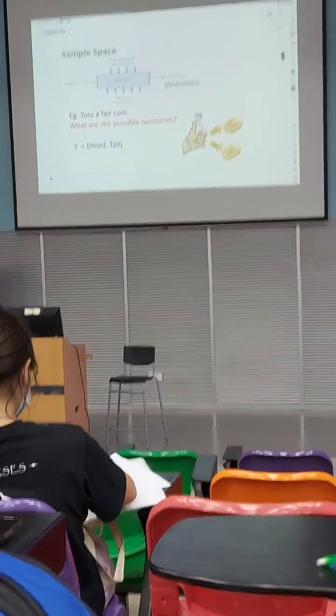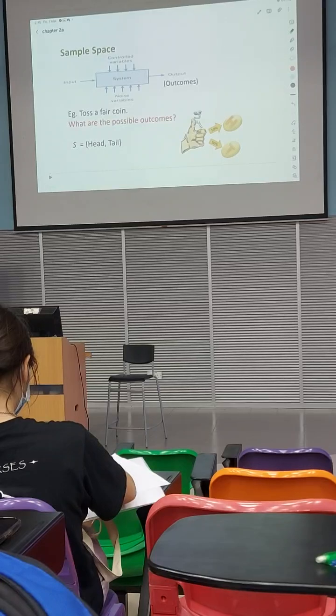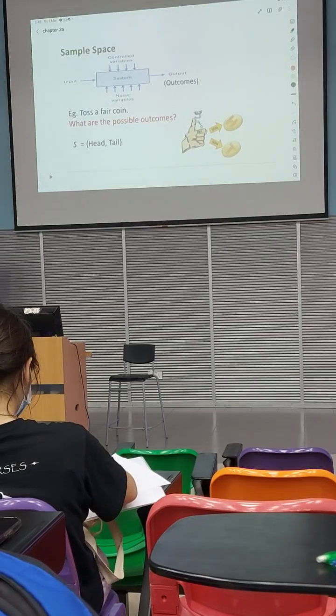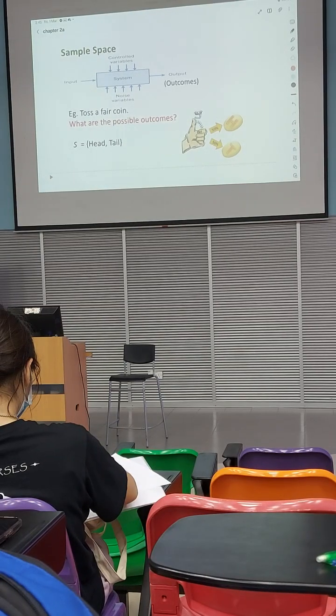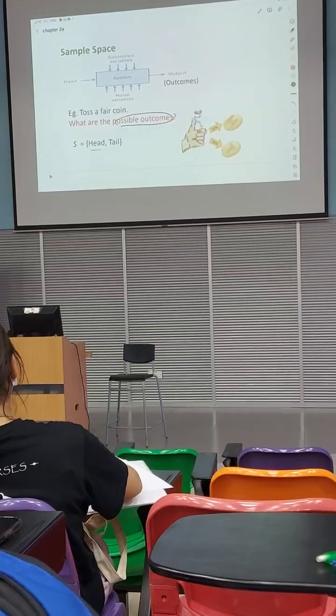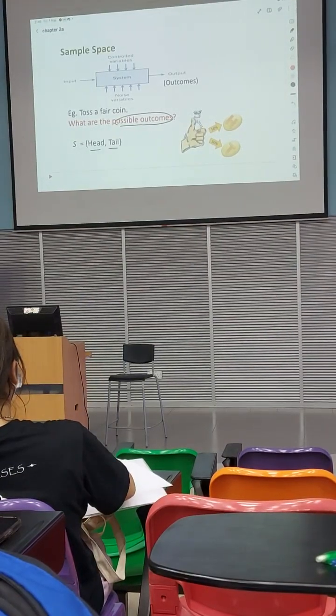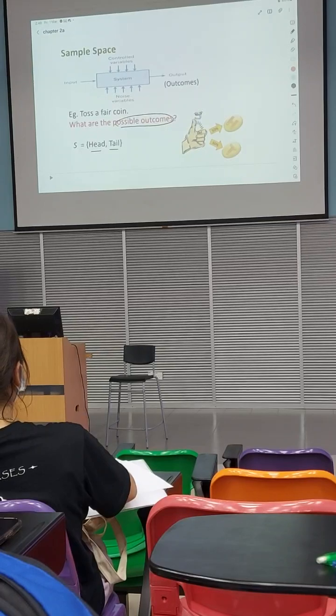For example, based on this experiment again, whenever you flip a coin, what are the possible outcomes? Just now I already mentioned it could be either head or tail, it cannot be others. Hence, what is the sample space?